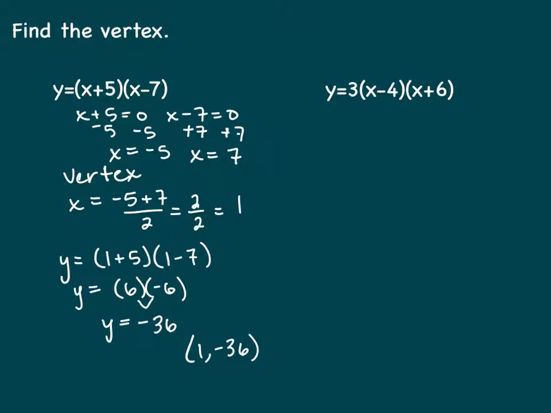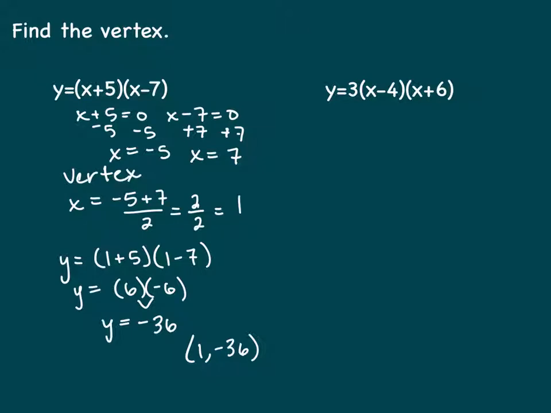On the second one, I'm going to start the same way. I'm still using the zero product property because I am multiplying 3 times x minus 4 times x plus 6. So I have 3 factors here, but I can't set 3 equal to 0, so I'm going to toss that one out because once this is 0, the whole thing is 0 anyway.